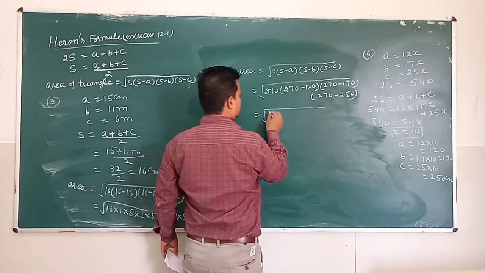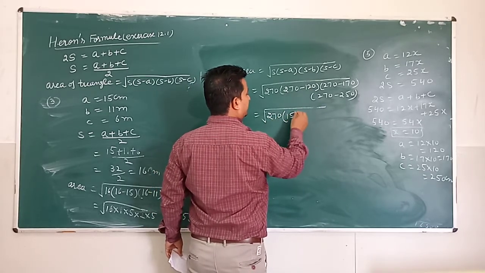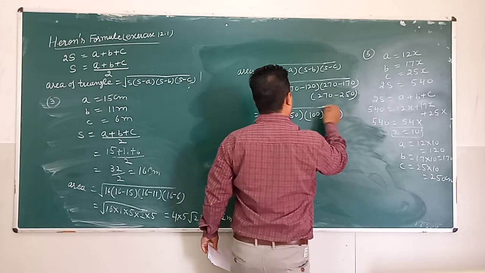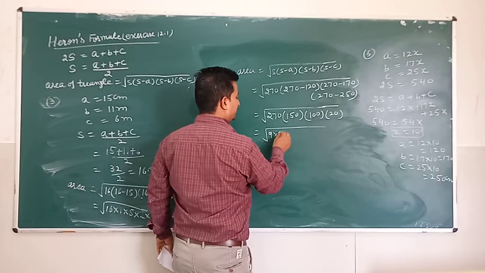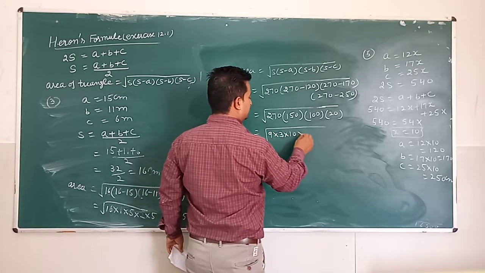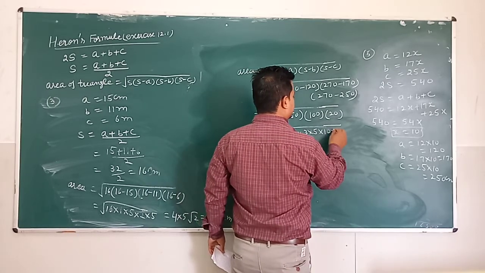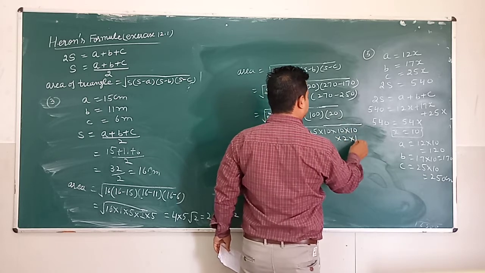So this is 270. When we subtract, this is 150. This is again 100. This is 20. When we write this is 9 into 3 into 10. This is 3 into 5 into 10. This is 10 into 10. This is 2 into 10.